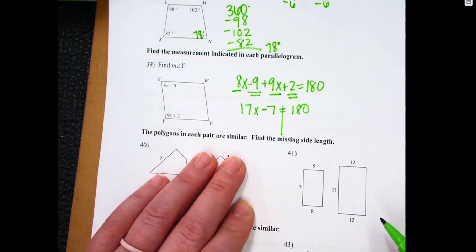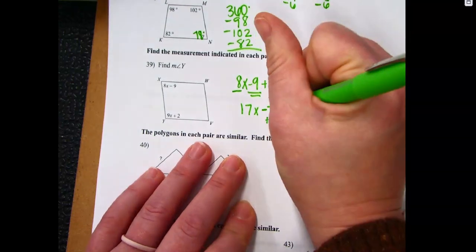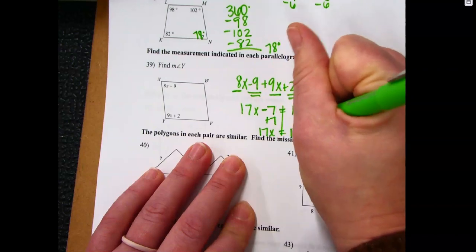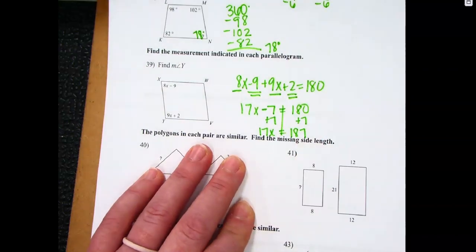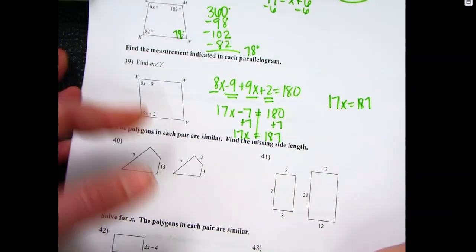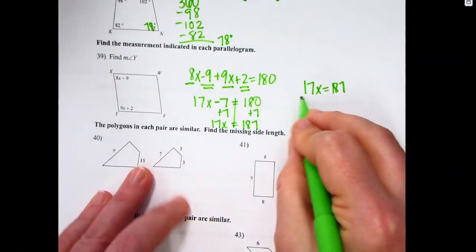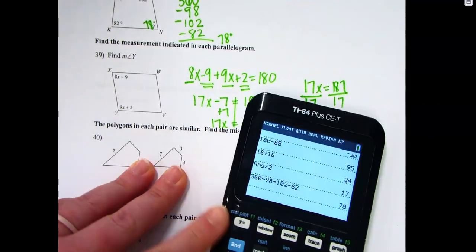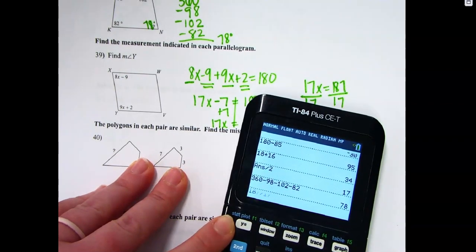Okay, now I'm ready to go to the opposite side. So I'm going to add 7. 17x equals 187. So I'm going to rewrite that over here so I have some more space. I'm going to then divide by 17. 187 divided by 17 is 11.